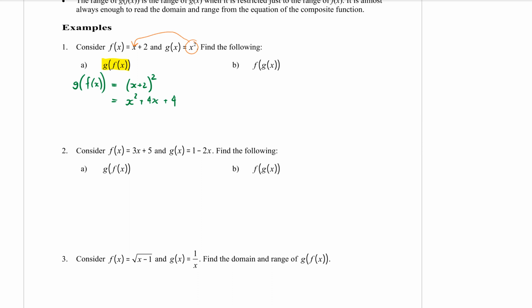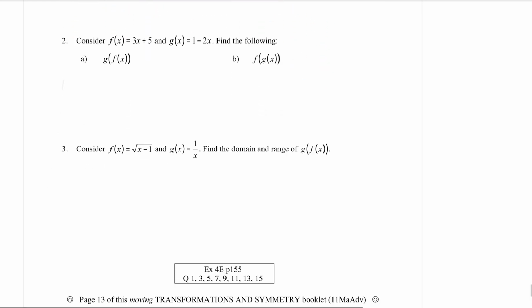So that means f of g of x, I'm subbing the g of x function in, which would be x squared where the x is, plus a 2. And I can't simplify that, so that's it. Okay, so just subbing one function into the other. The function on the inside is the one you're subbing into the other one, the outside one. Let's try that again.